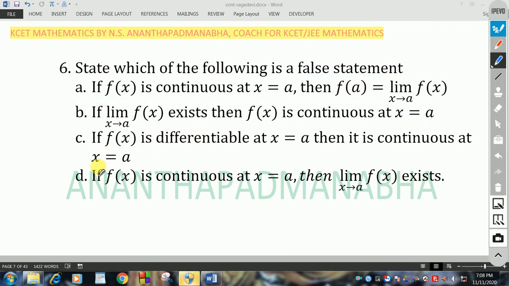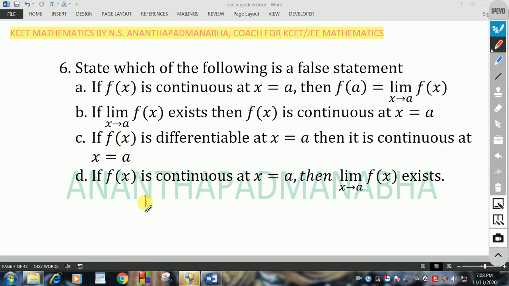We need not check with C and D, but we will see what statement C says. If f of x is differentiable at x equals a, then it is continuous at x equals a. This is one of the properties. Actually differentiability implies continuity.